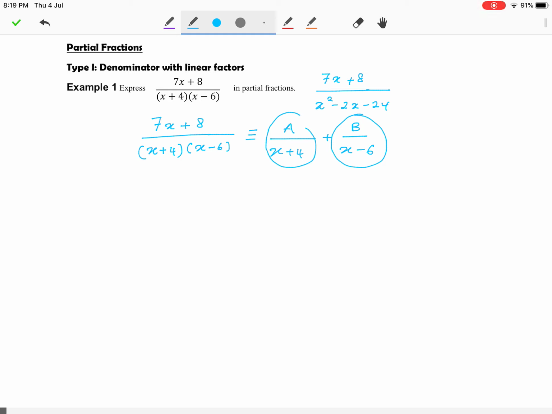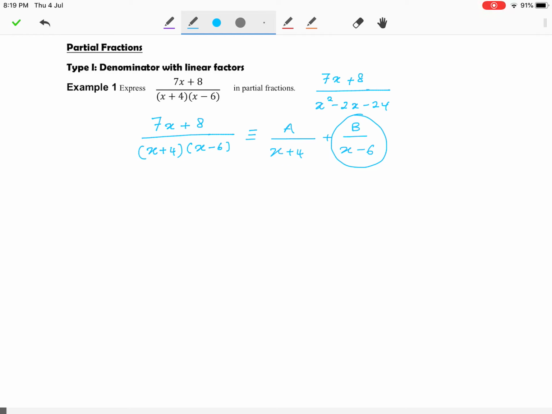To make it simple, if your denominator is a linear, your numerator should be a constant. As you can see, since this is a linear, the numerator must be a constant. We'll see later on how the numerator will change when the denominator is not a linear.